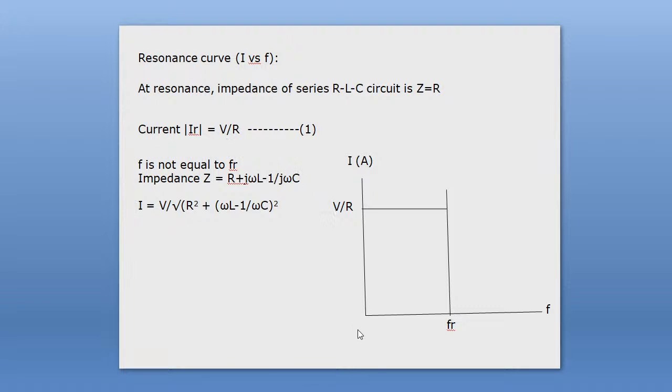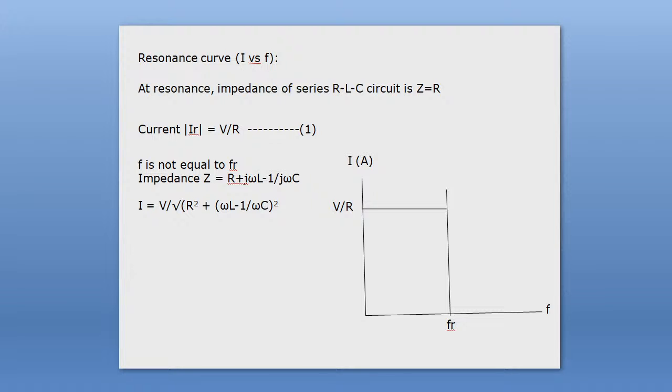The impedance of the circuit, Z equal to real part plus imaginary part. The real part for this circuit is capital R, and the imaginary part is the term associated with j.